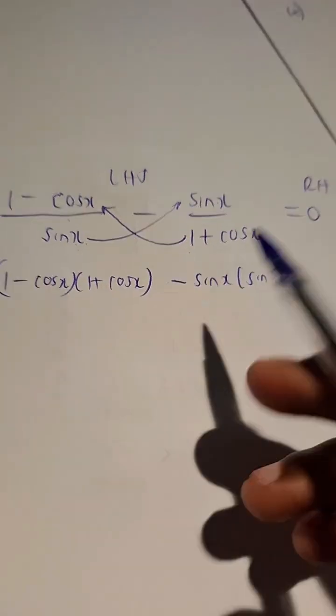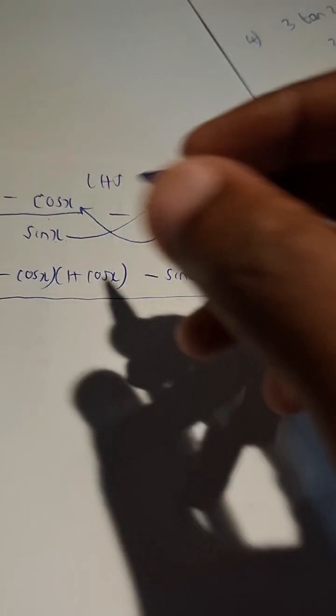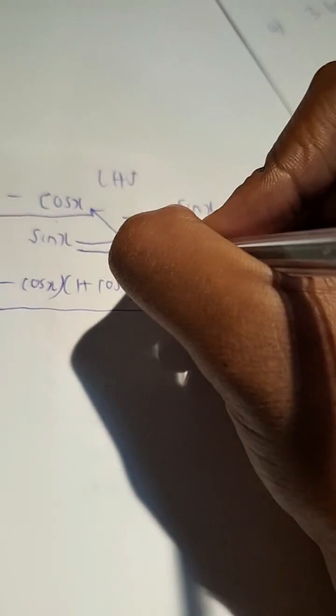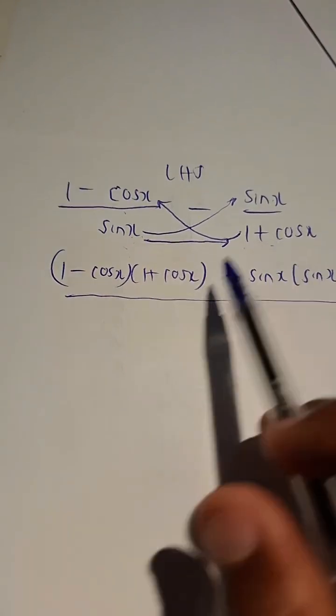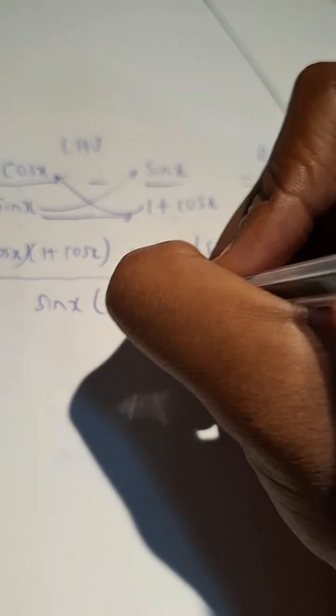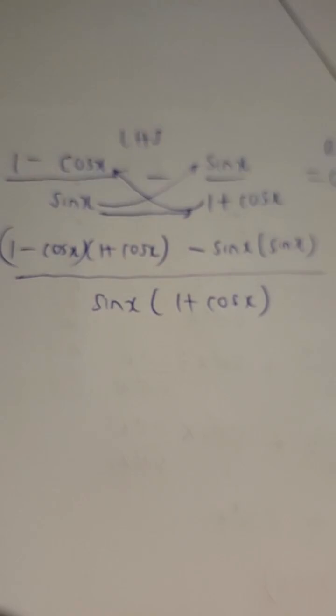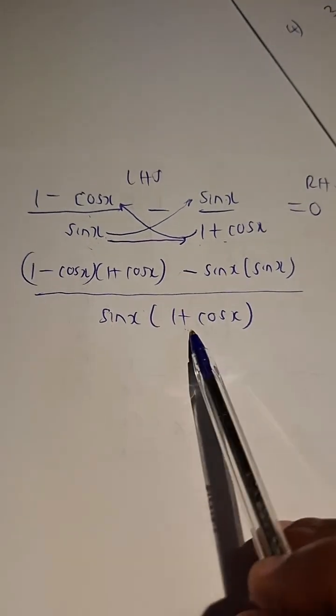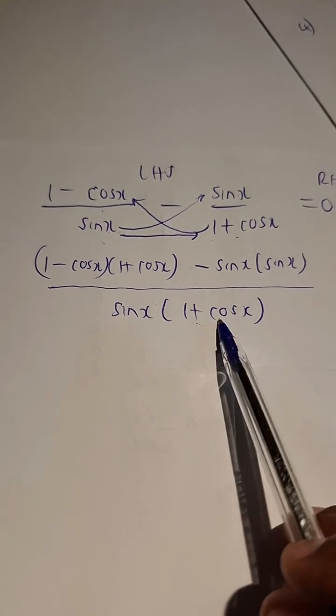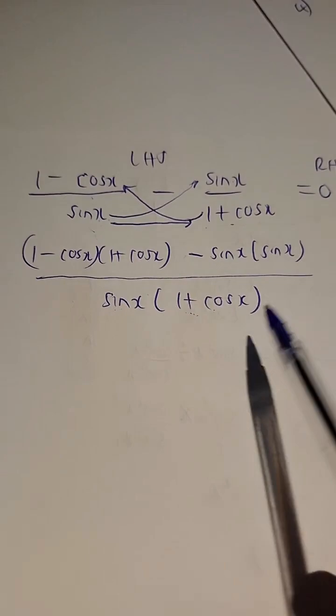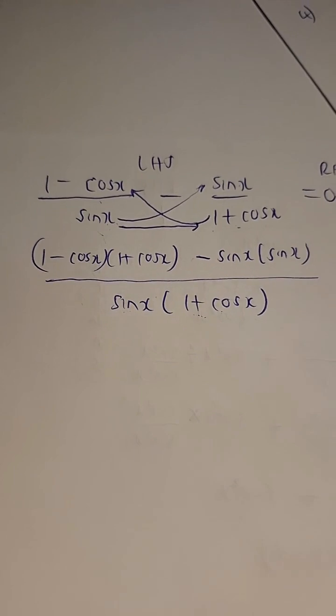Over the last thing, you multiply your denominators to get the denominator value. Sine x into 1 plus cos x. And initially, I love leaving the denominator in this state. Don't multiply it in yet. Okay.